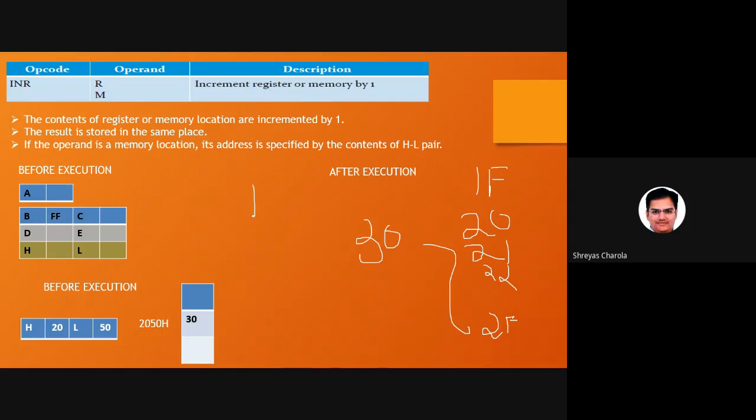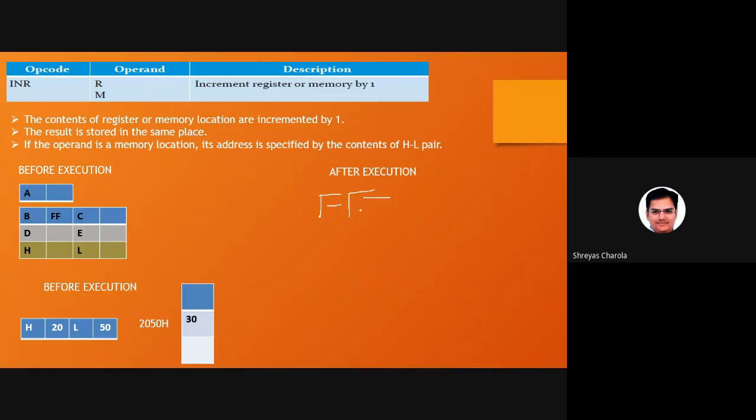So what should be the number after FF now? Harshit, you wrote 1, 0, 0. That means I can say 100 is the next number.